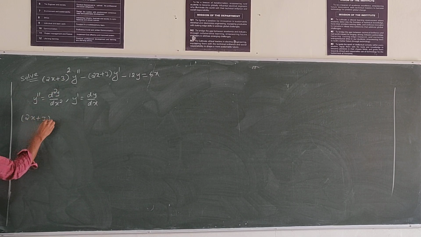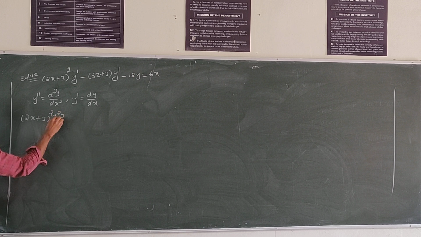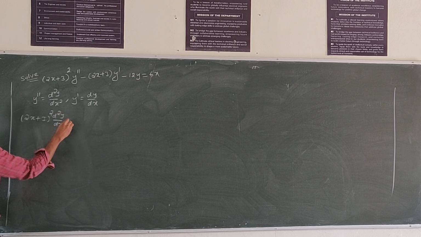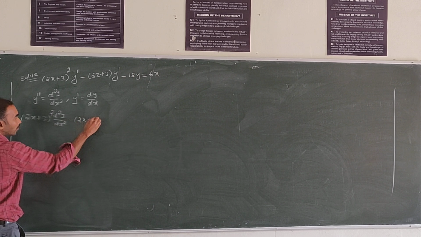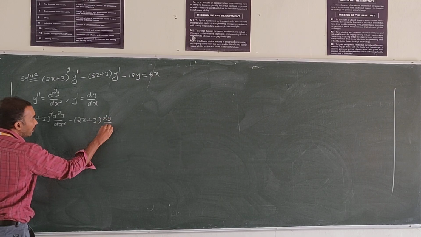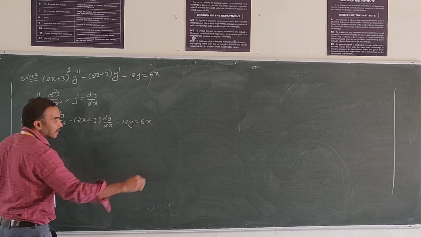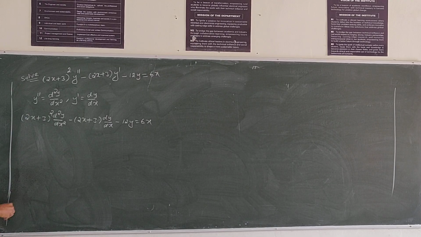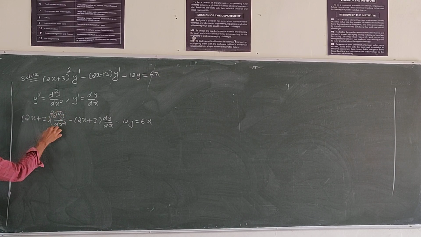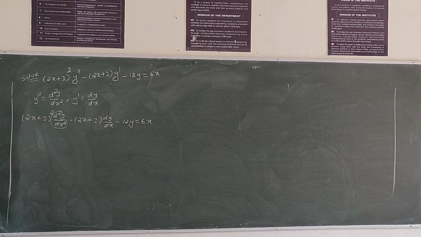(2x+3) squared d²y/dx² minus (2x+3) dy/dx minus 12y equals 6x. Instead of d²/dx² we can apply D² as I told in the first type itself.